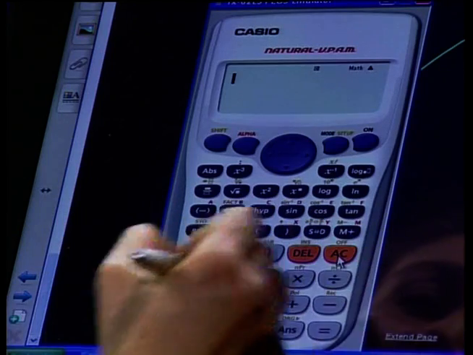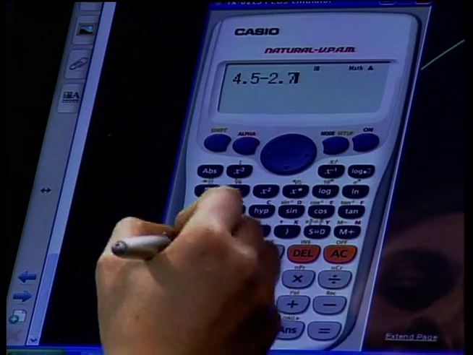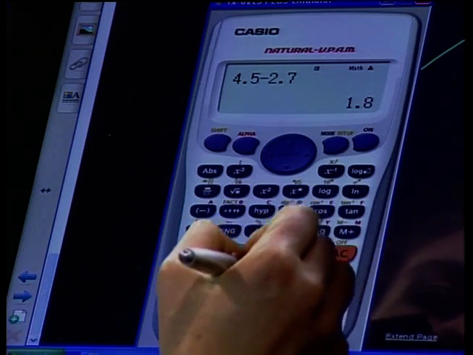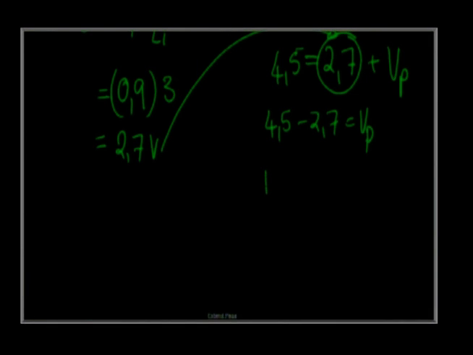I'm too lazy to calculate that, so we'll work that out. 4.5 minus 2.7, and that is going to be 1.8. So your potential difference across the parallel connection is 1,8 volts, and this potential difference is also equal to voltmeter 2's reading. So that is your final answer.